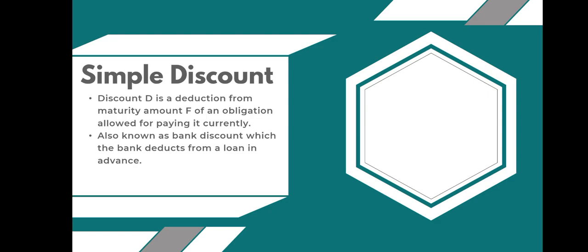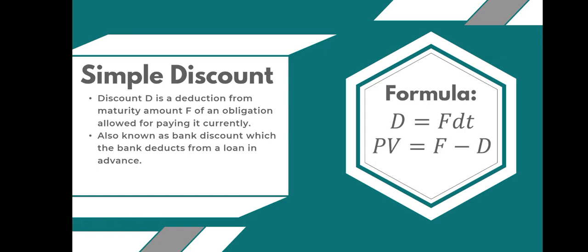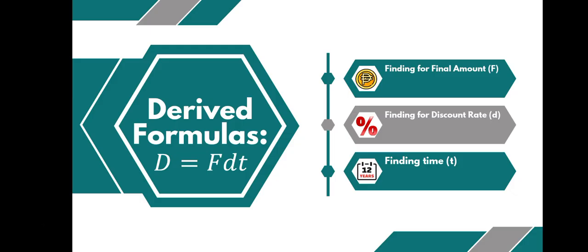So, meron din tayong formula para sa simple discount, and that is D is equal to F times d times t. And also, the principal value, or yung amount na inutang or ininvest, is equal to F minus D. So, let's have an example para malaman natin paano natin ito magagamit.